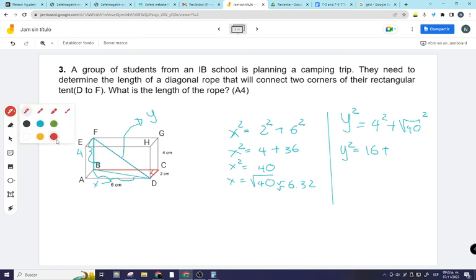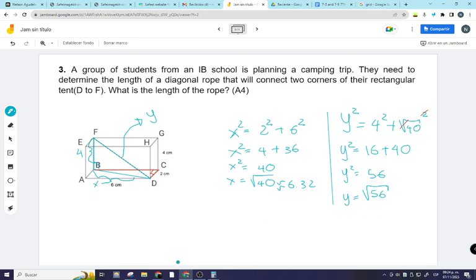Remember, we are doing two opposite operations, so it's like we are not doing anything, because the power 2 cancels with the square root. So we are left with 40. So y squared is 16 plus 40, which is 56. And y is the square root of 56.